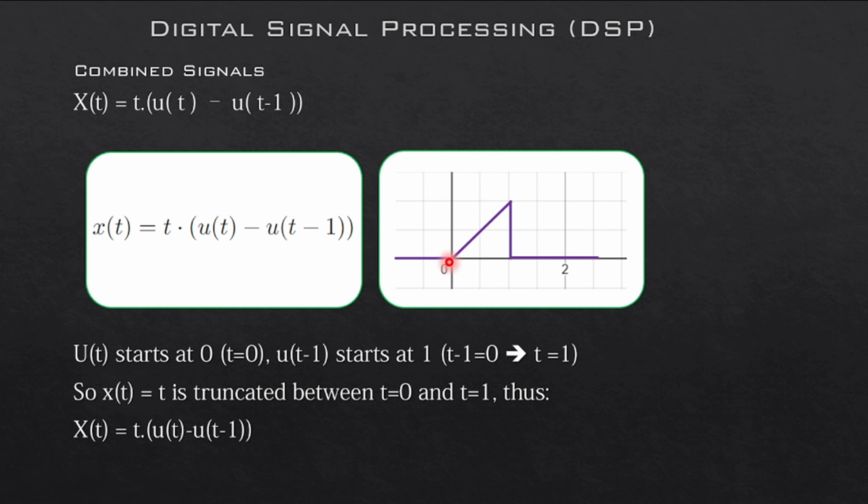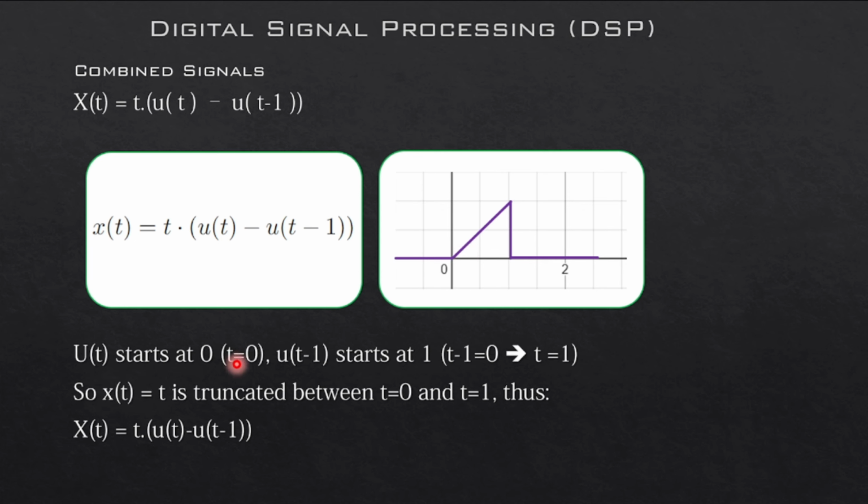This is starting from 0. That's the port, from 0 to 1. And we are multiplying that, which is a value of 1, by t, which is the line, the first diagonal, we call it. So when you multiply this t by 1, you get this form, this peak. Okay, this is a composite signal.